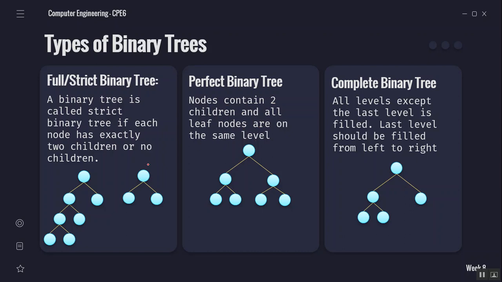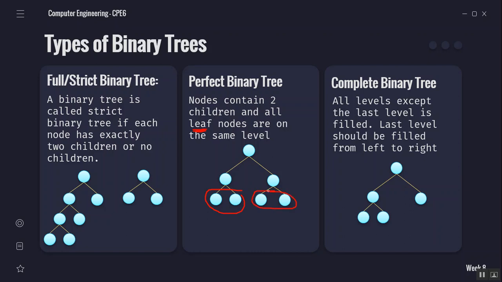Don't be confused between a full binary tree and a perfect binary tree. As you can see here, these are the leaf nodes, the ones without children.